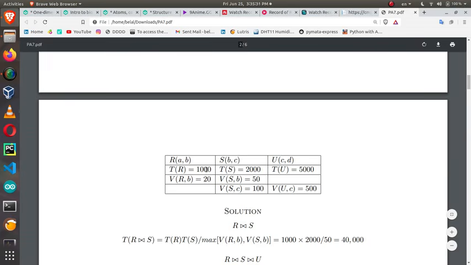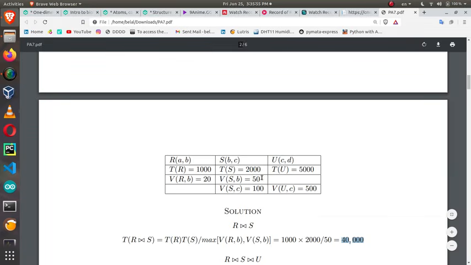So 1000 times 2000, 3 zeros, 3 zeros gives us 2 million over 50, which gets us 40,000 tuples. We can consider these 40,000 tuples as a relation that we need to join with relation U.